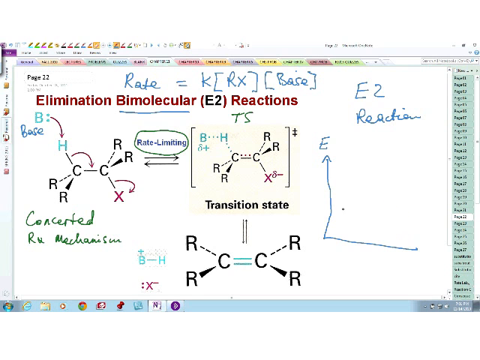Because there is no intermediate, it goes to form a transition state, and the transition state collapses to form the product. Here you have the Rx, the substrate, and then you have the base. And then this will be your product.